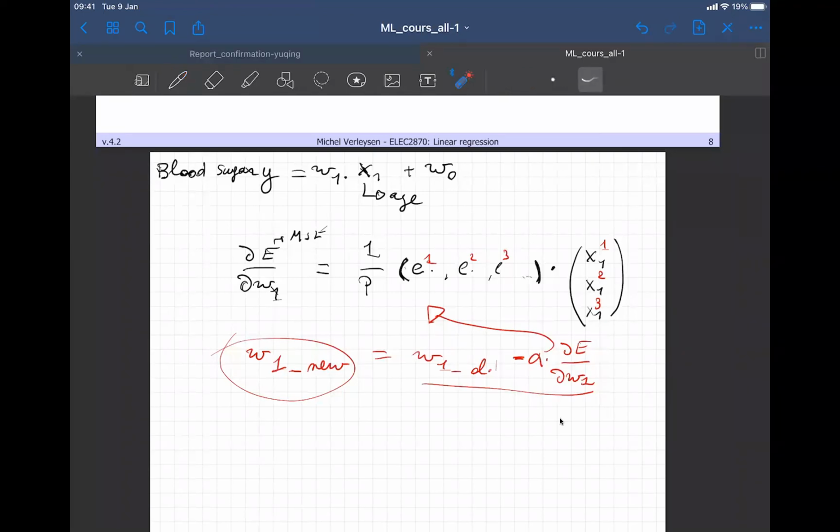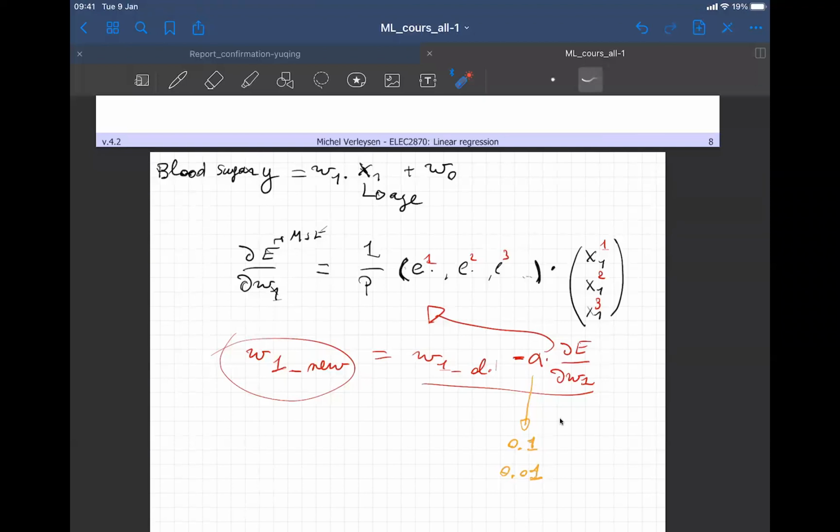So the alpha, typically, to give you a number, you will start with, say, 0.1, or a tenth, but this is something you cannot really know beforehand, except the fact that this update is proportional to the error itself, because when you derive the error with respect to the weight, if you have a big error, that tends to be bigger, and so it will also scale with the magnitude of the data you give.